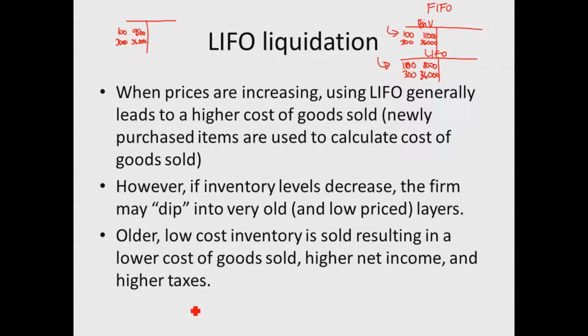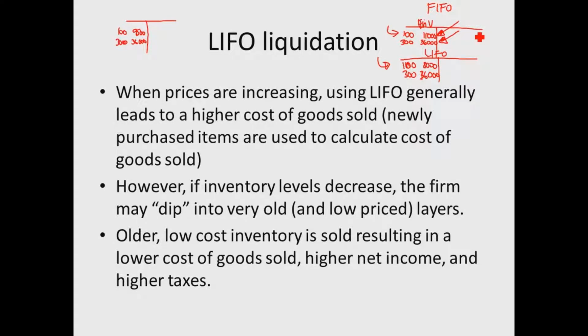I now have 400 books, and I'm selling 300. Which ones am I selling? Not literally, but what am I pretending I'm selling? Well, first I'm going to sell 100 of these, and then I'm going to sell 200 of those. The books that I bought last year are cheaper than the books that I bought this year, so my cost of goods sold is lower.